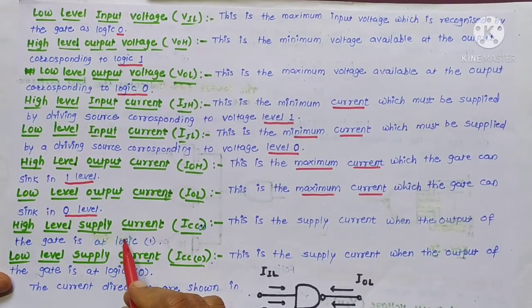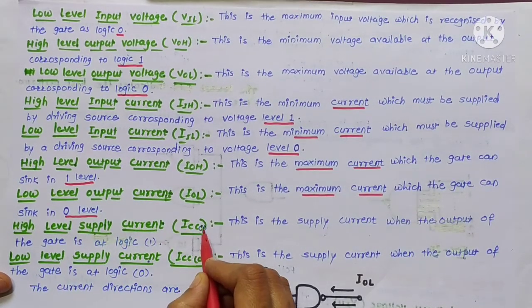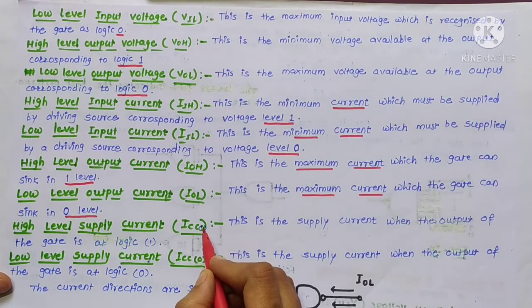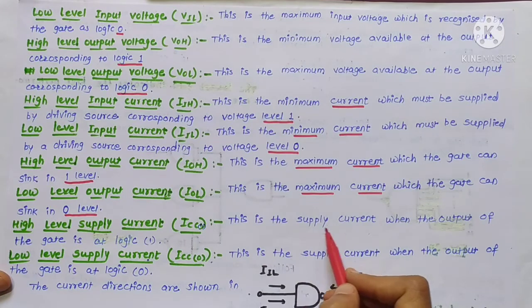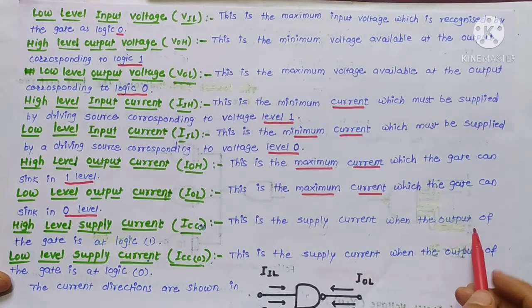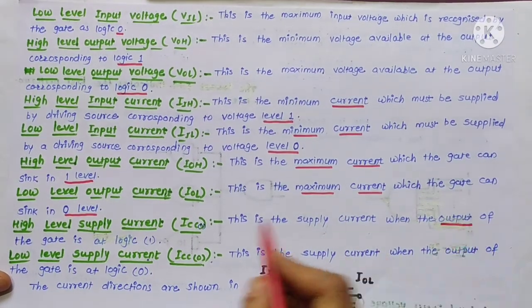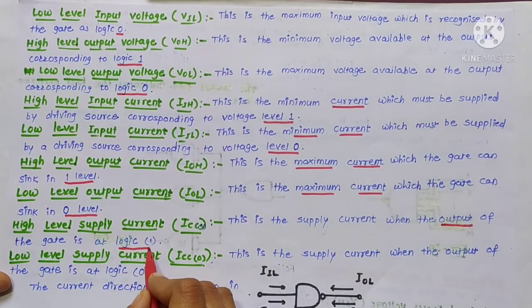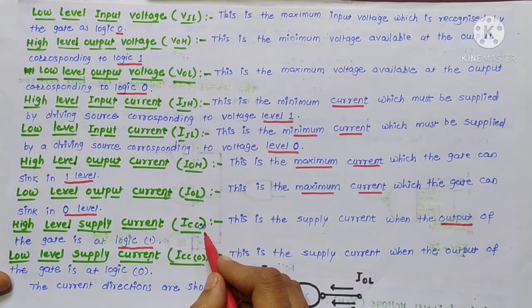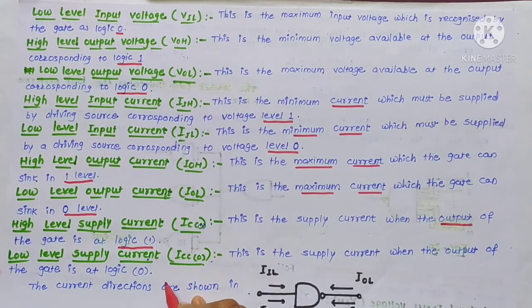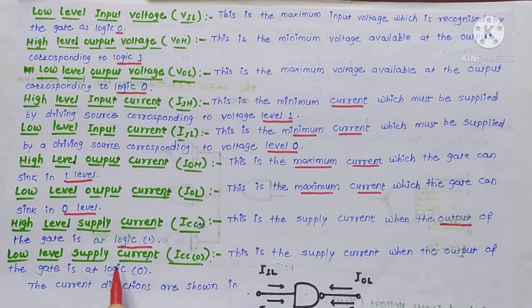High level supply current, this is ICC1. Students, remember that this is ICC1. This is the supply current when the output of the gate is at logic 1. And at last, low level supply current ICC0.